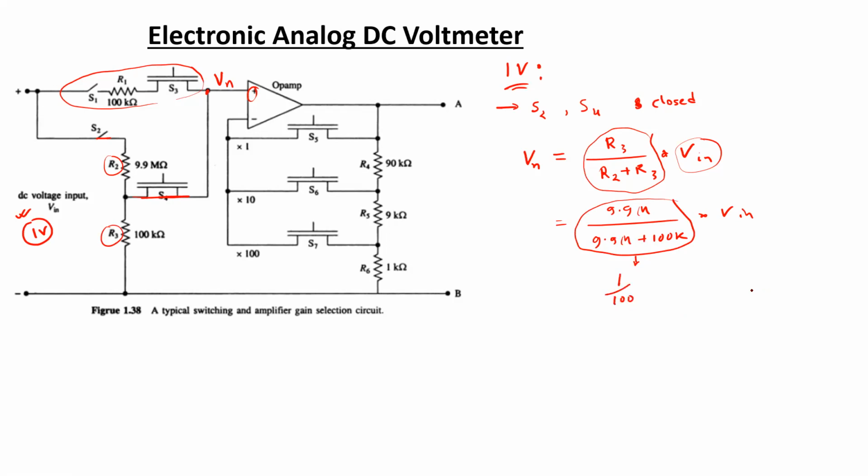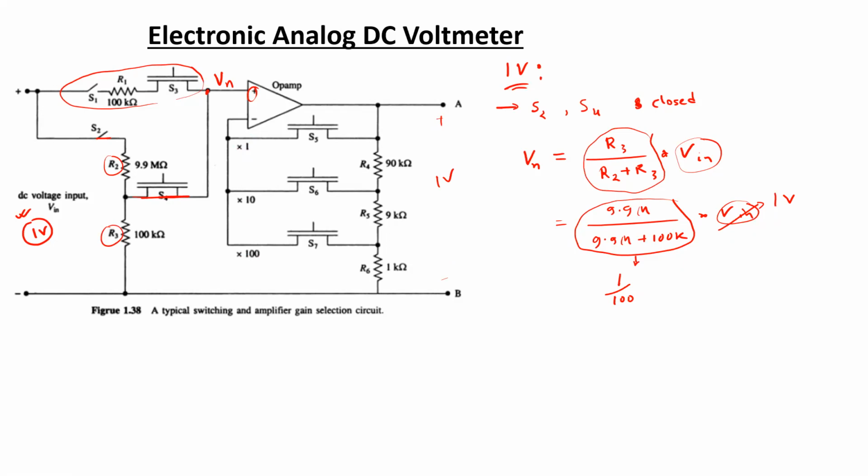So although the input voltage here is considered to be 1 volts, it is going to be scaled down by a factor of 100. So if the input voltage is scaled down by 100, then proper gain should be chosen from the three available gains of 1, 10 or 100 to ensure that at the output side, terminals A and B, we can get a signal of 1 volts.